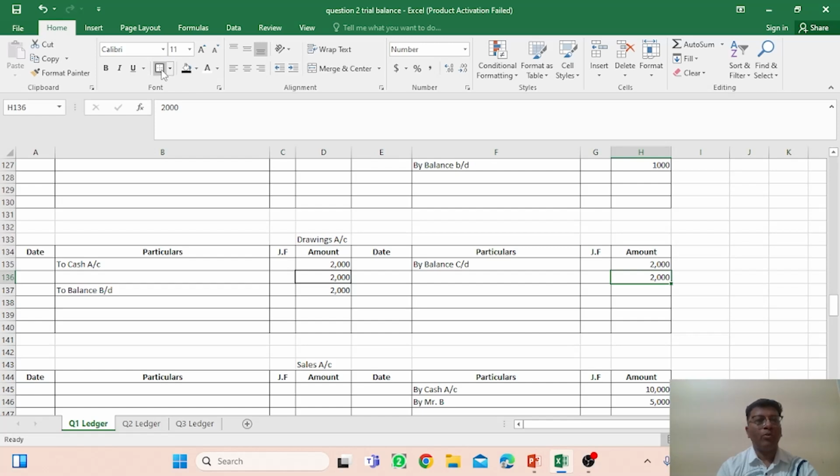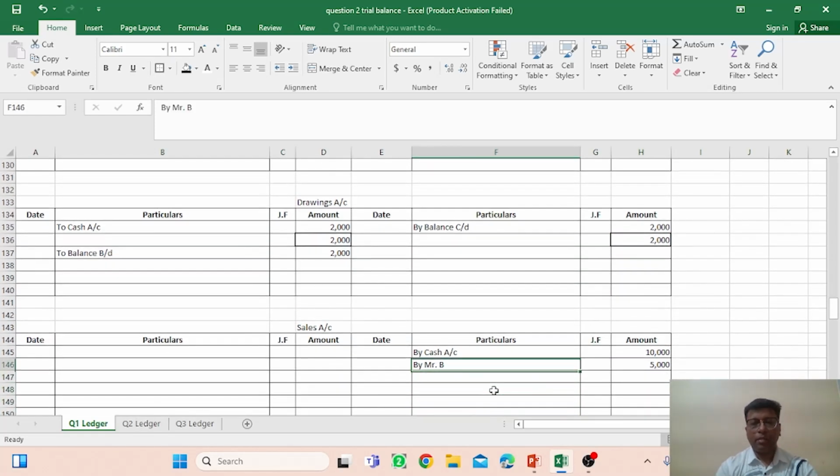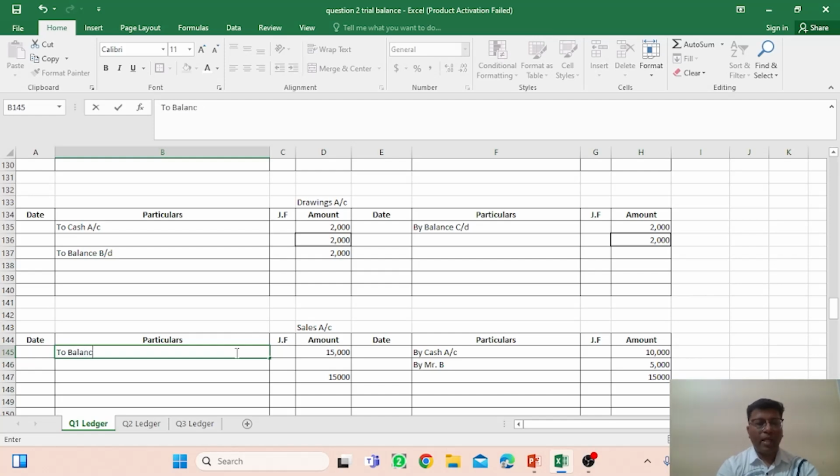Okay, so you have to close every account in this particular manner, right? Again, this account 15,000 is the total. Same total would be written on the opposite side, and there is no amount to be subtracted out of this total, so you have to mention 15,000 as the balance of this account. So to balance CD 15,000 and by balance BD 15,000.